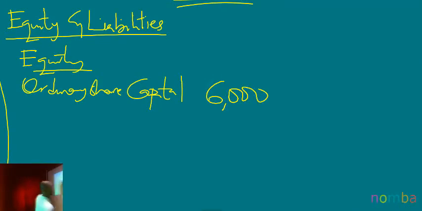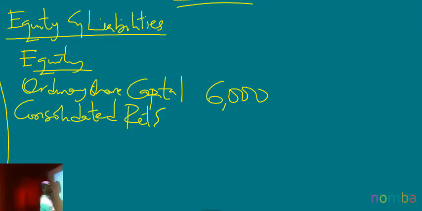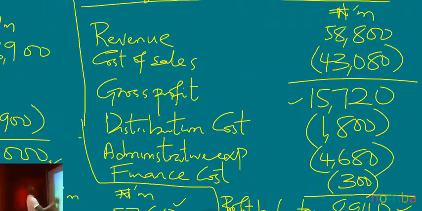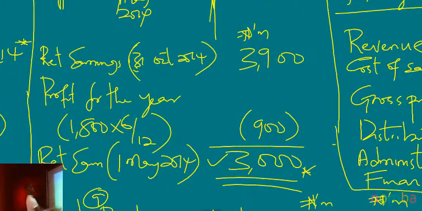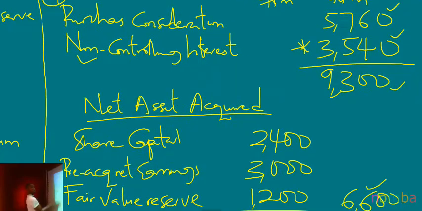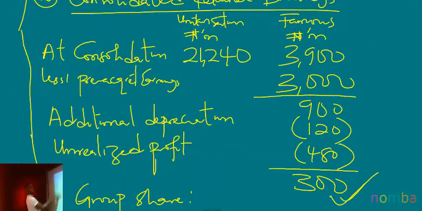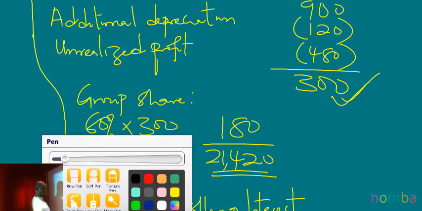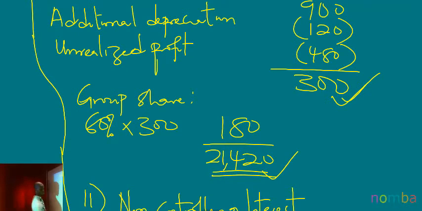6,000. And you add the consolidated retained earnings, and the consolidated retained earnings will be what we have computed initially here, which we got as 21,420.